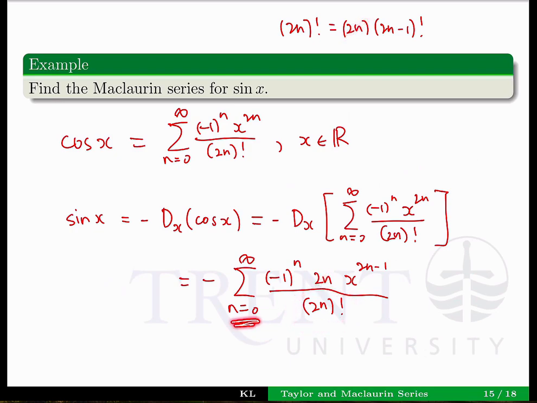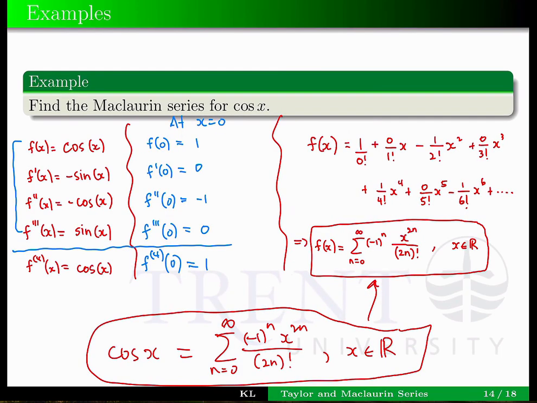Take note that I started with n equals 0, not with n equals 1. The reason is, if you go back to this one, we have the constant term, and then the next term that appears is power 2. So if we get the derivative, there will be a power 1.